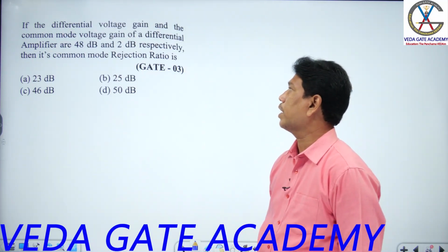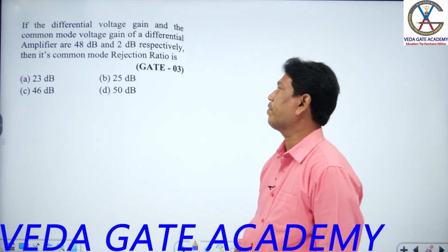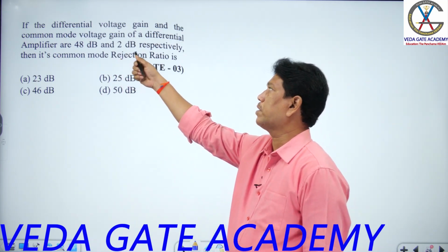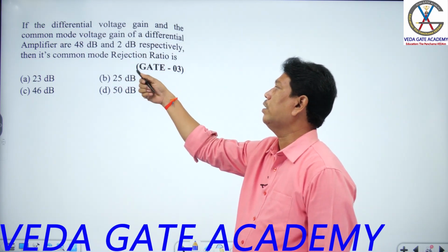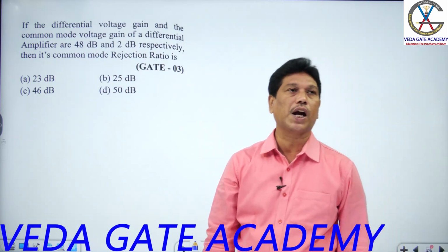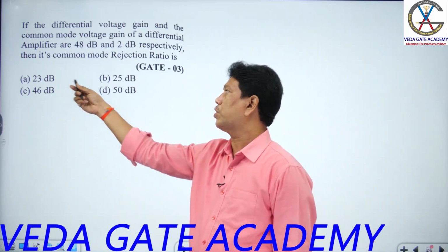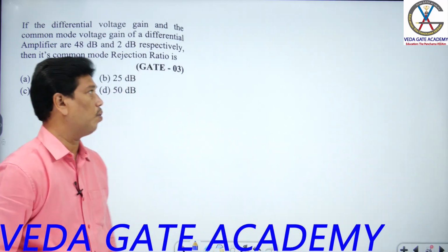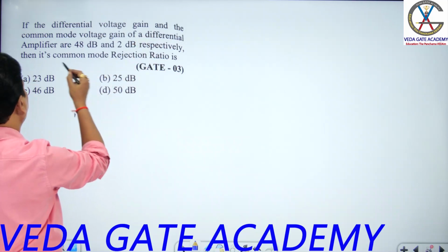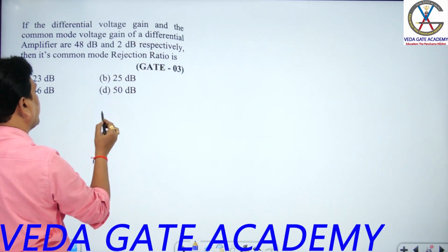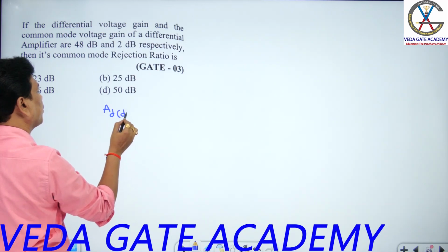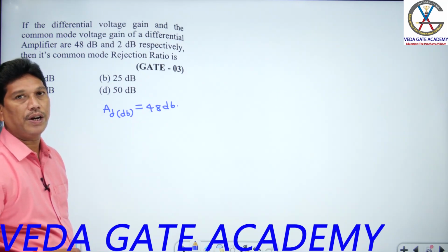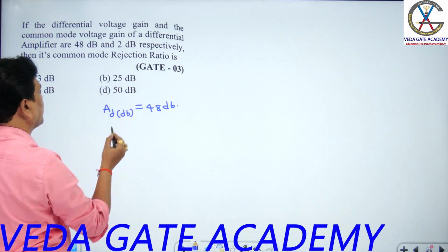If the differential voltage gain and the common mode voltage gain of a differential amplifier are 48 dB and 2 dB respectively, then the common mode rejection ratio is: 23 dB, 25 dB, 46 dB, or 50 dB. Differential mode gain AD is 48 dB, given, and common mode gain AC is 2 dB.